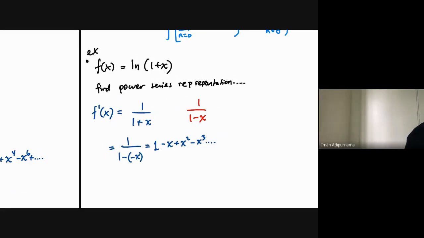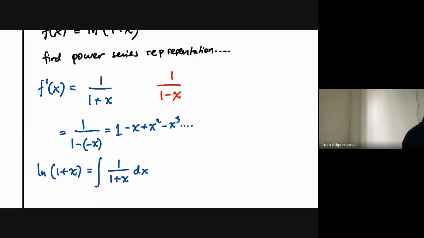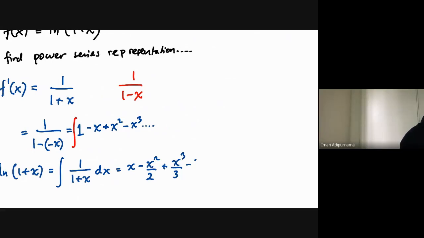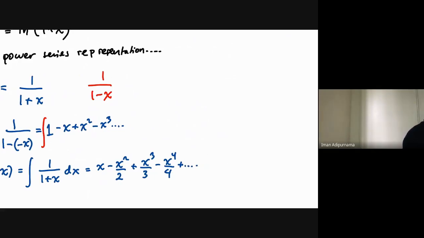Now, to get ln of 1 plus x, this is actually the integration of this, which means we need to integrate all of this. When we integrate that, we get x, then x squared over 2, then plus x cubed over 3, minus x to the fourth over 4, and so on. And at the very end, don't forget to add c for the result of the integration.